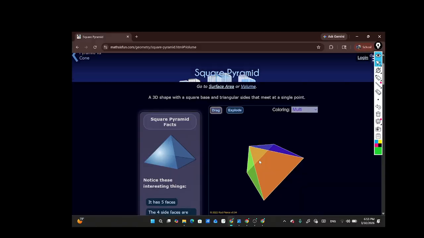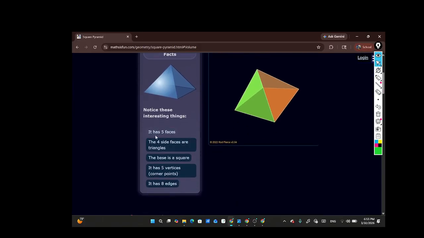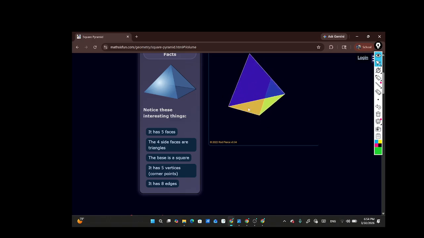So let's start with the pyramid. Here is the pyramid. What are the properties of the pyramid? The pyramid has 5 faces. This green face is a triangle. The yellow one is also a triangle, the third one is also a triangle, and finally this one is also a triangle.